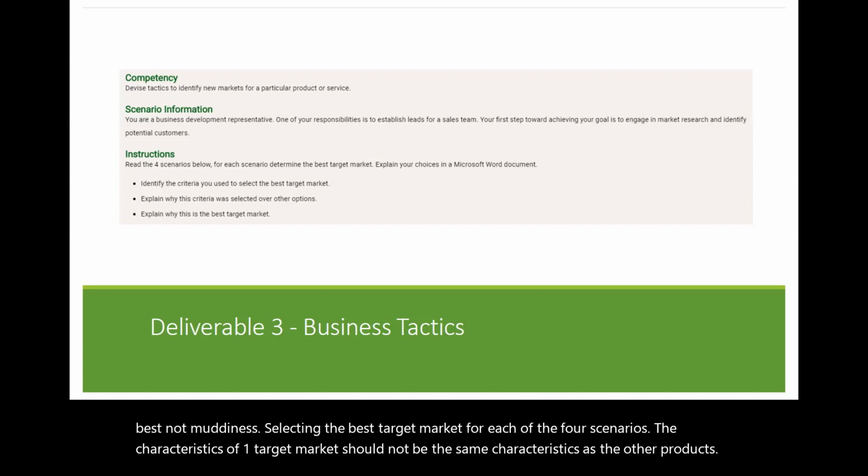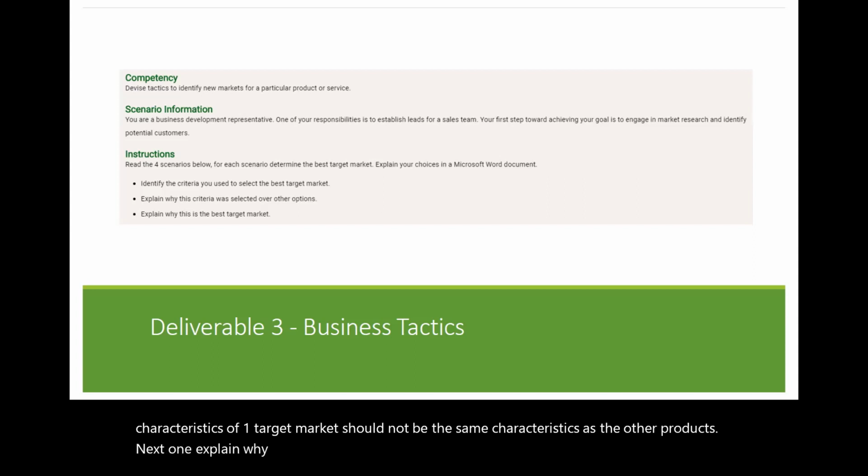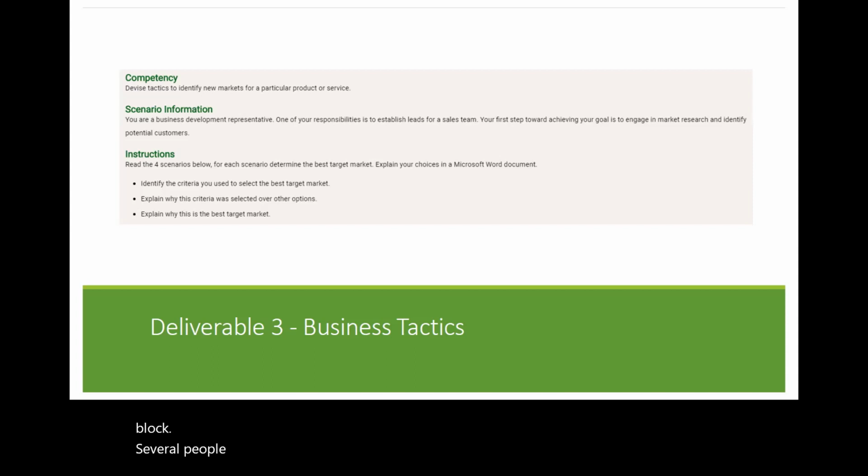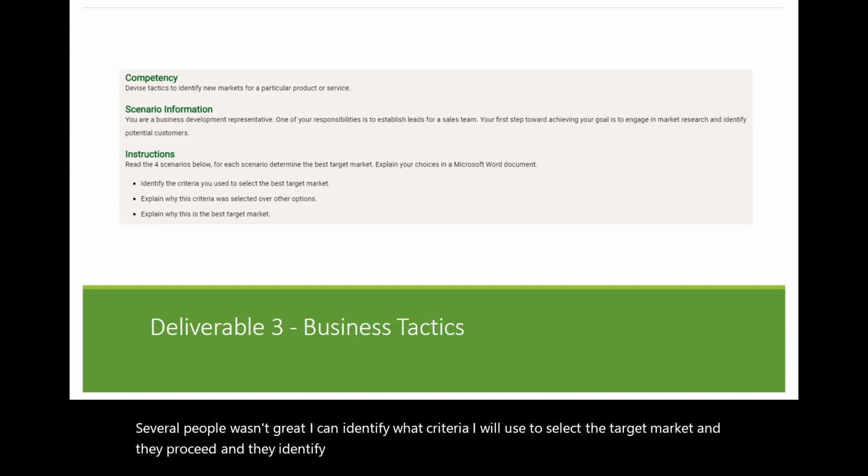Next one, explain why this criteria was selected over other options. Okay, there's a stumbling block. Several people will think, great, I can identify what criteria I will use to select the target market. They proceed and identify some really great criteria, but they forgot the other half of that point: over other options. So what does that mean?